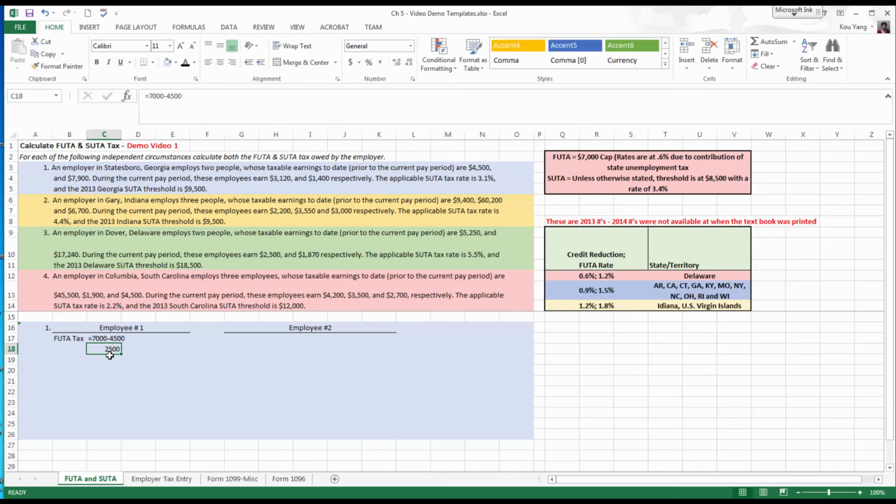This is the amount that's going to be taxable, not the entire $3,120. So I'm going to take 2,500 times 1.5%, because 2,500 is the amount under FUTA.